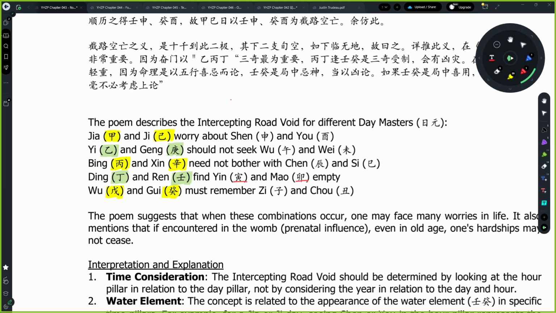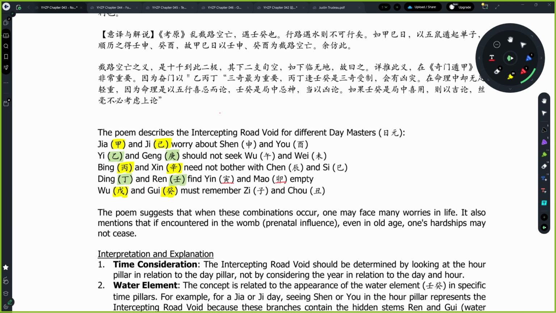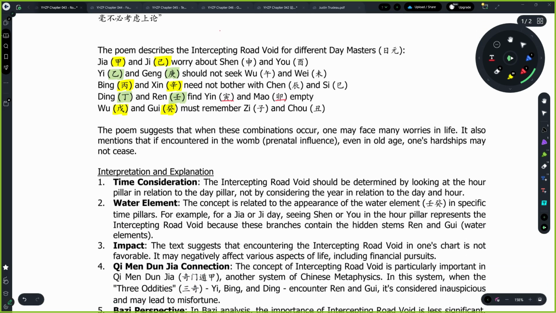So these are called intercepting road void. Once again, identify intercepting road void, but more often than not, for intercepting road void, we consider looking at the hour pillar. We look at the hour pillar.